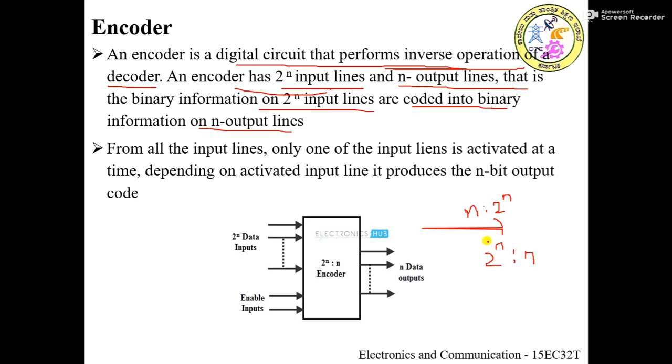Based on which input line is activated, coded information is produced on the n output lines. That is, from all input lines, only one input line is activated at a time.